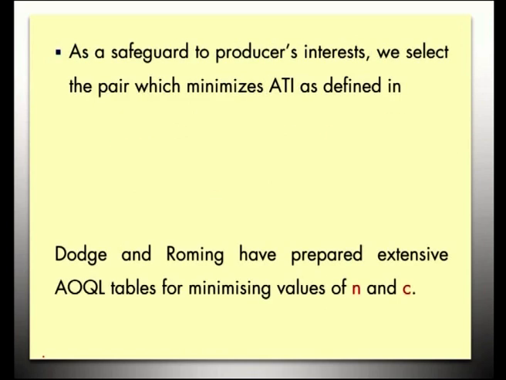As a safeguard to producer's interest, we select the pair which minimizes ATI, as defined in ATI. All this has been discussed in the previous session. ATI is equal to small n plus capital N minus n into p. Now, the famous Dodge and Romig have prepared extensive AOQL tables for minimizing the values of n and C.